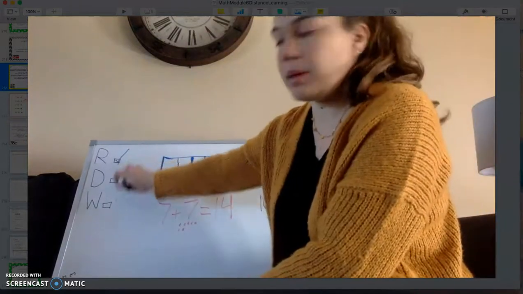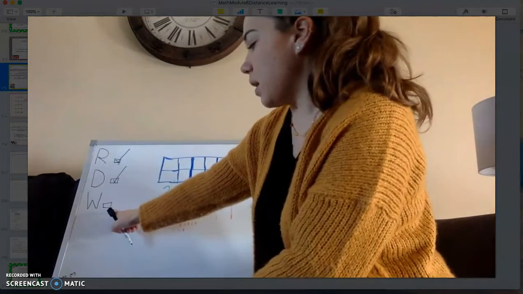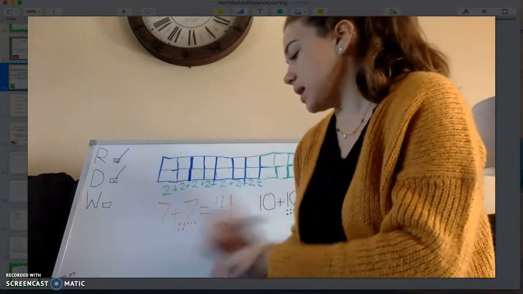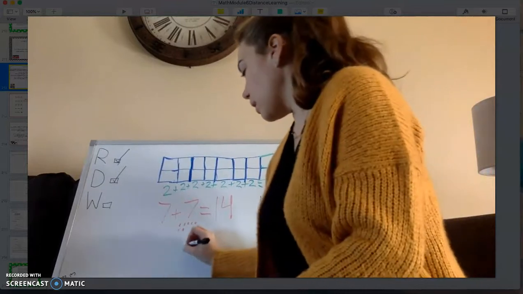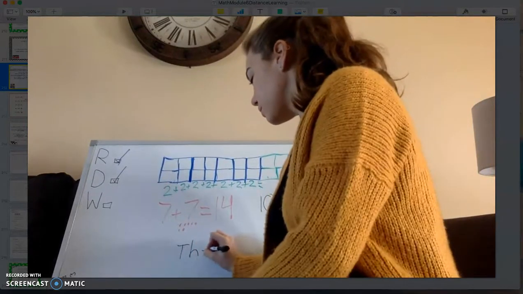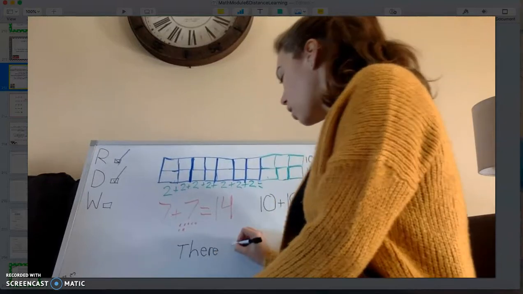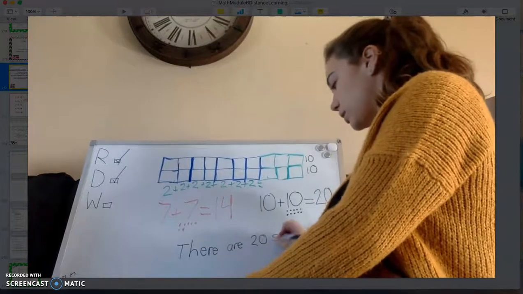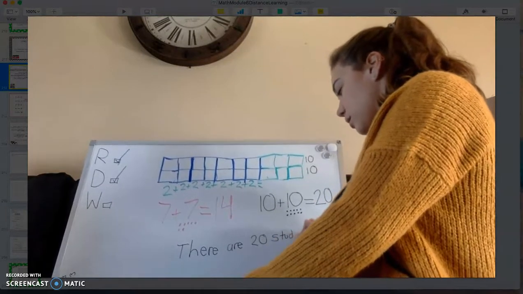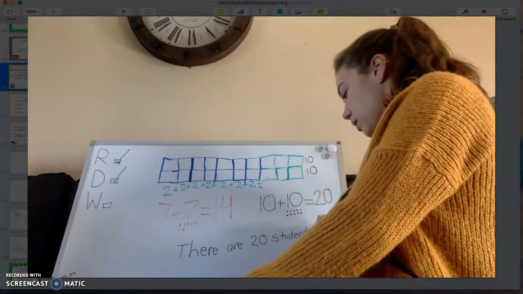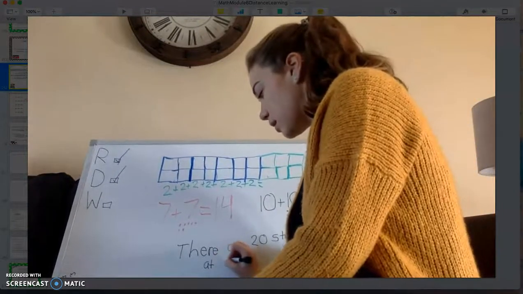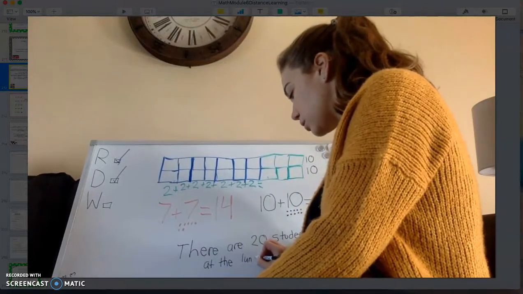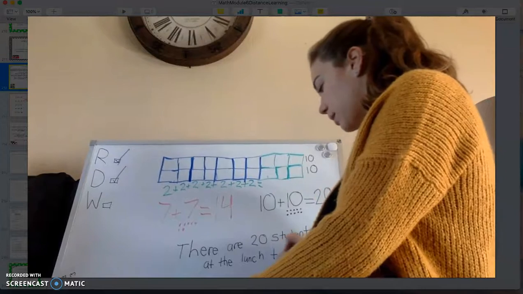So we've read our problem, we've drawn our picture, and we've written our number sentences, but now we need to write our word sentence. So it says, there are 20 students at the lunch table.